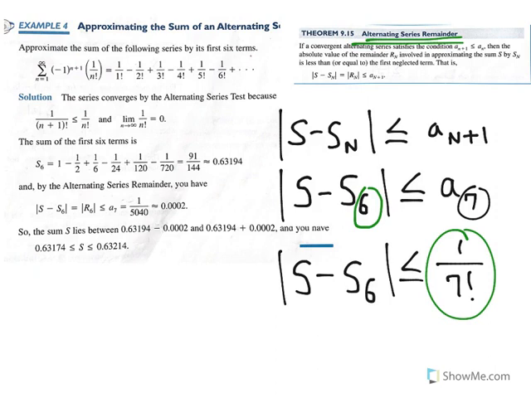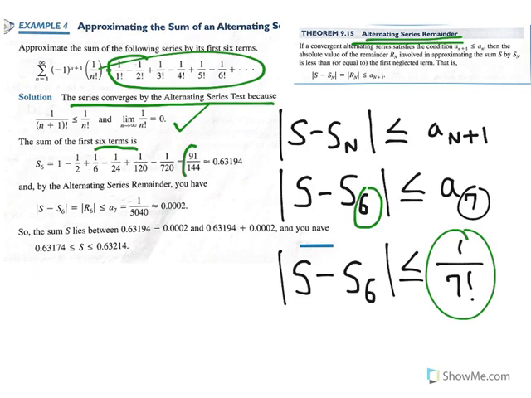So looking further at what we have here for example 4, it's explaining what we just went over. The series converges by the alternating series test. We checked that earlier in our work. The sum of the first 6 terms is called the 6th partial sum. If you use your calculator, you will be able to get a decimal value for that 6th partial sum. It is about 0.63194.